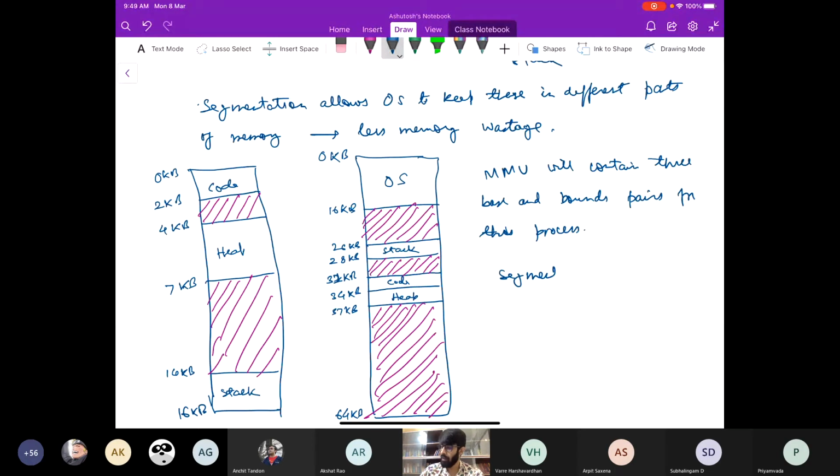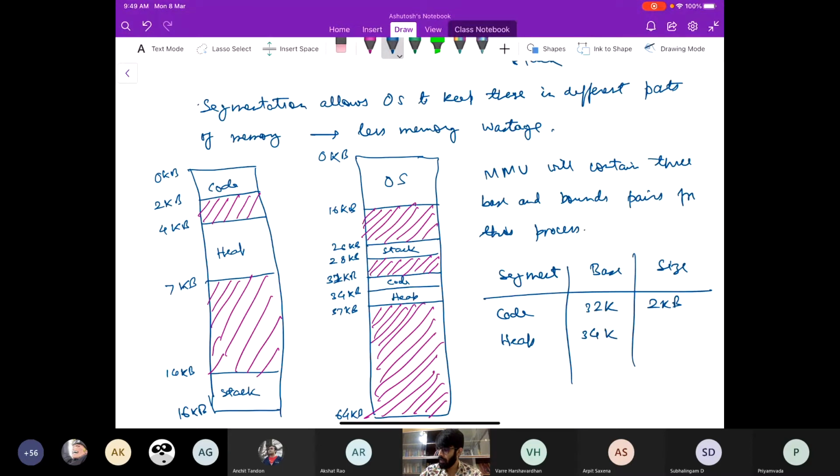Segment, base, size. The code is going to start from 32 KB and the size is going to be 2 KB. The heap is going to start at 34 and its size is going to be 3 KB, and the stack is starting at 32, sorry, 28 and its size is going to be 2.